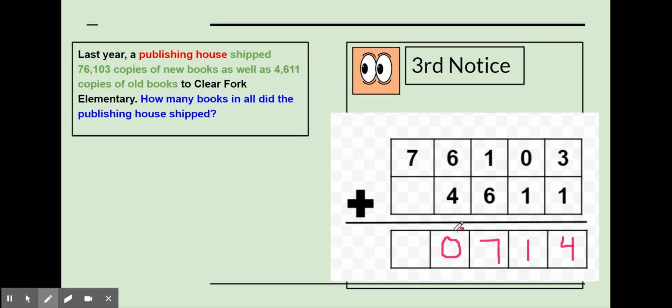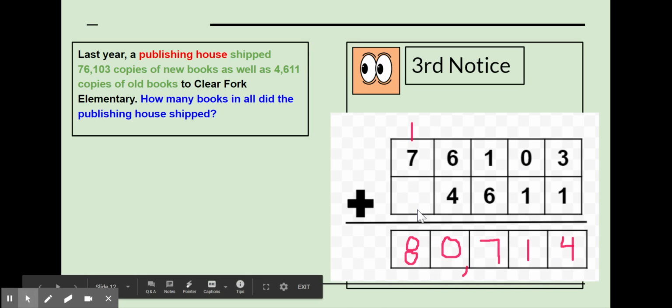Remembering, we can only put one digit in each place value, so we need to carry to the 10,000s place. And 7 plus 1 is 8. You'll have to excuse my writing. So our answer is 80,714 total books.